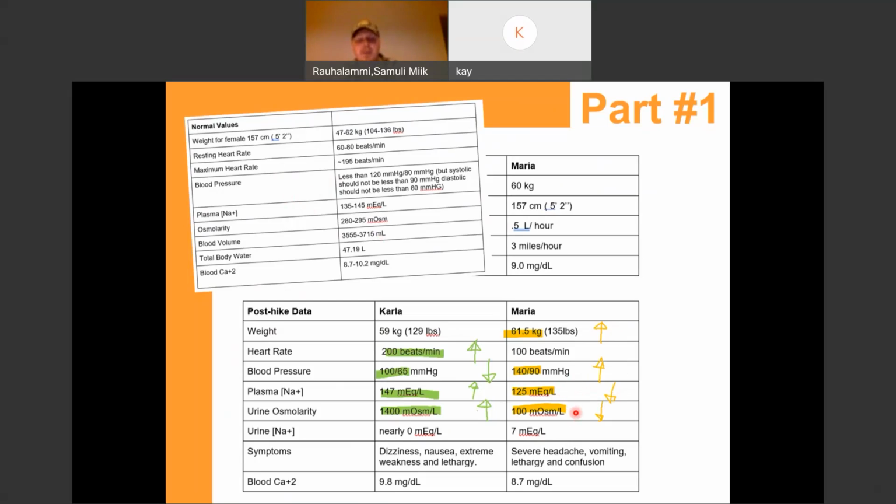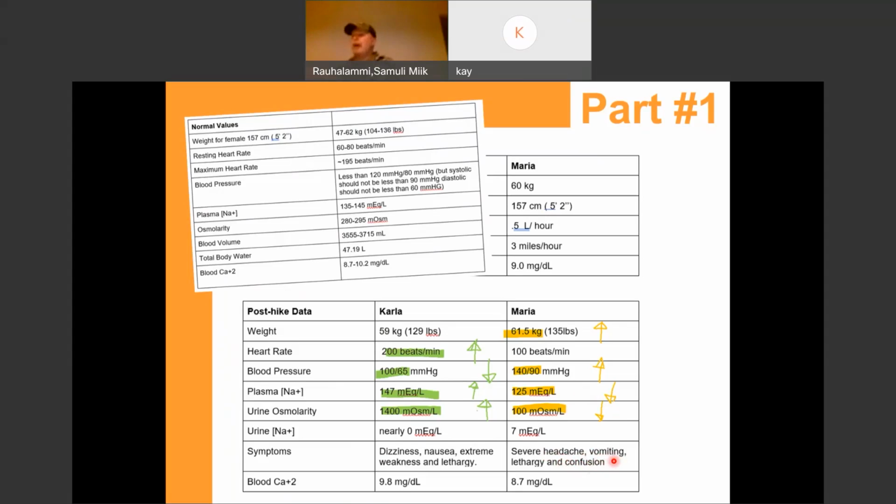Maria's urine osmolarity is also decreased at 100, whereas it should be somewhere between 280 and 295. So this is definitely a low urine osmolarity. And again, we're seeing symptoms such as headache, vomiting, lethargy, and confusion. These are not what we're supposed to see. Something's wrong with Maria. It is as simple as that.